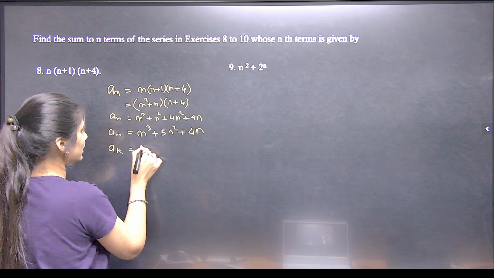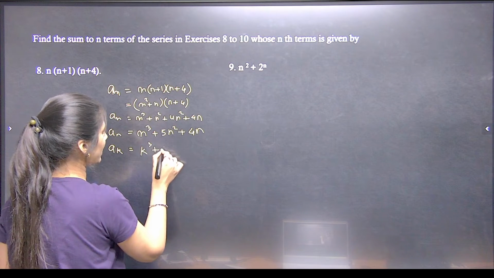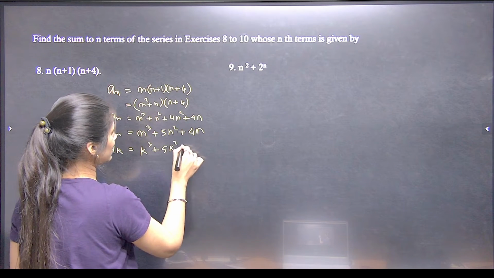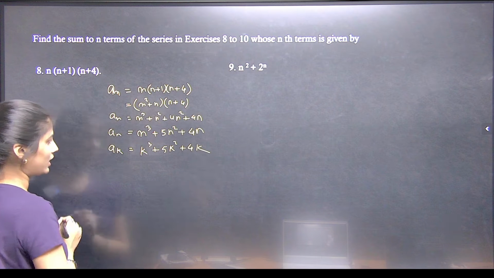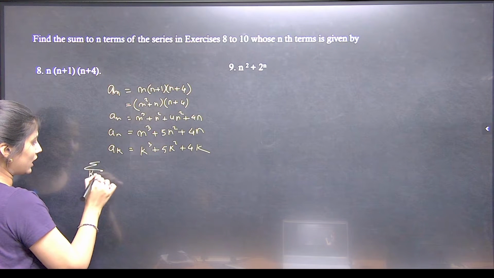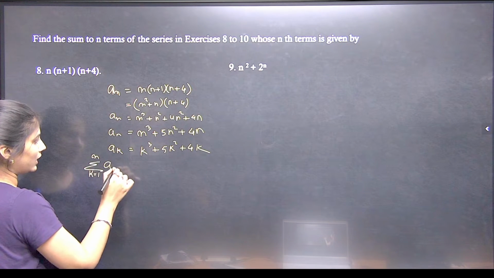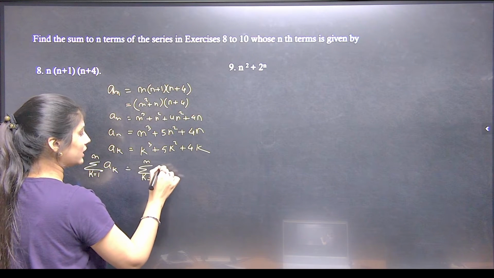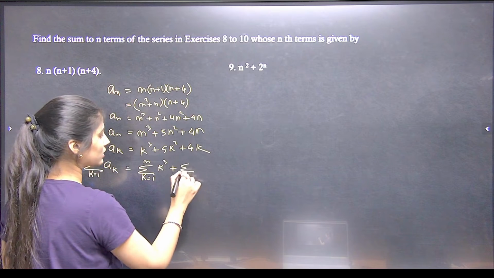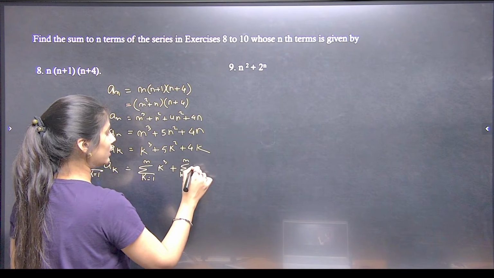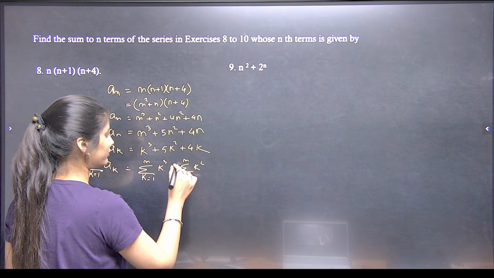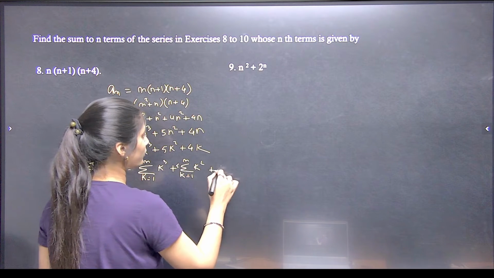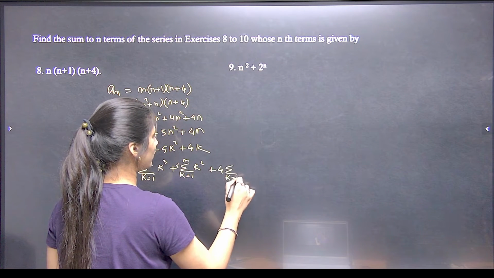Kth term is k cube plus 5k square plus 4k. Okay, now we have summation k is equal to 1 to n a_k is equal to summation k is equal to 1 to n k cube plus summation k is equal to 1 to n k square with a 5, and then we have 4 summation k equal to 1 to n k.